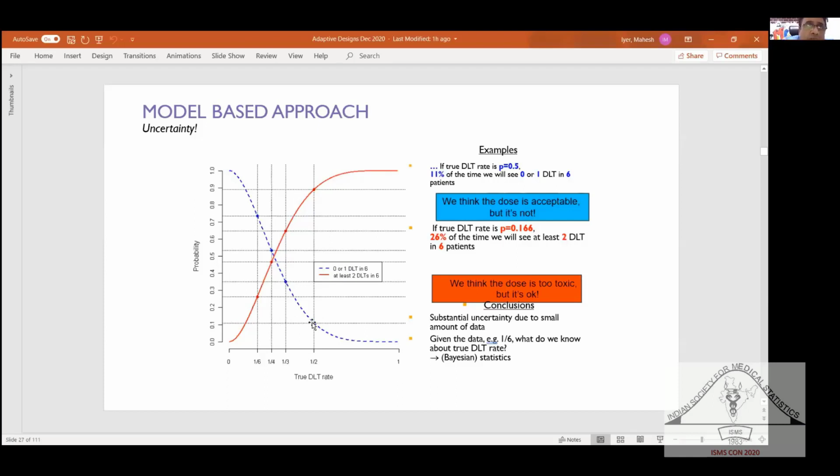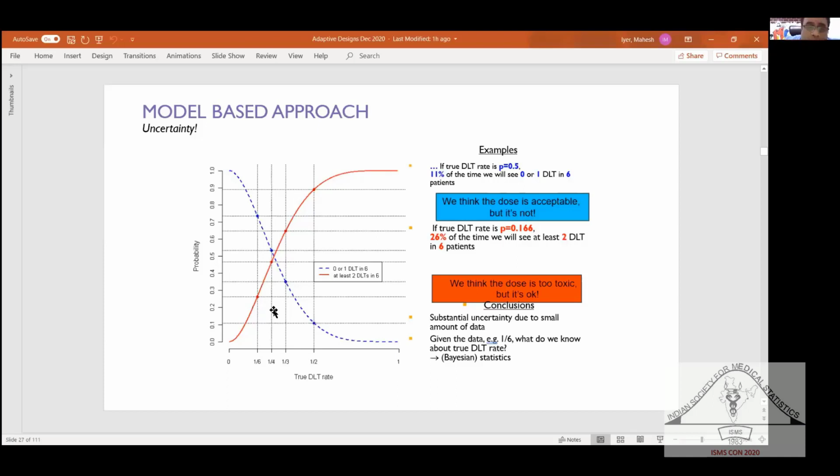Which means more than 10% of the time, even if your true DLT rate is 0.5, you want it to be at least close to 0.3, right? But even if your true DLT rate is 0.5, 11% of the time, you will think that the drug is acceptable when actually it is not. Does that make sense? Which is a problem.